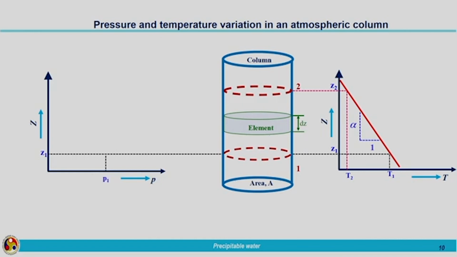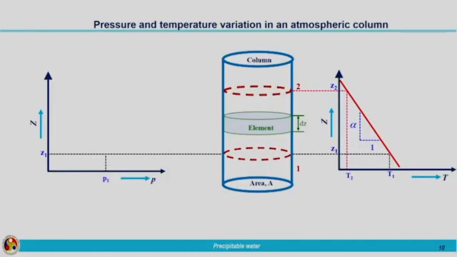And in this case also you should keep in mind, at Z1 the pressure is more compared to the pressure at Z2 at section 2, that is P2. But the relationship is not linear as in the case of temperature. For section 2 we have Z2 and the corresponding pressure is lesser than P1. So, let me take this point as P2. It is not to scale, but for getting an idea about the figure, I have plotted P2 here.